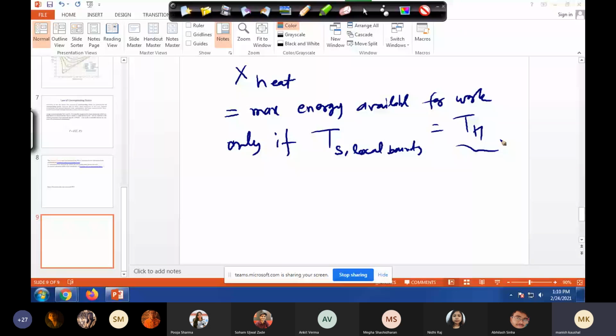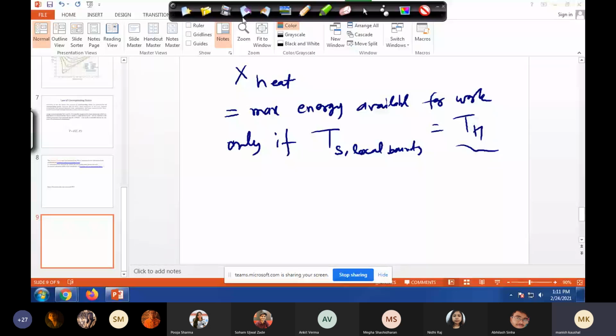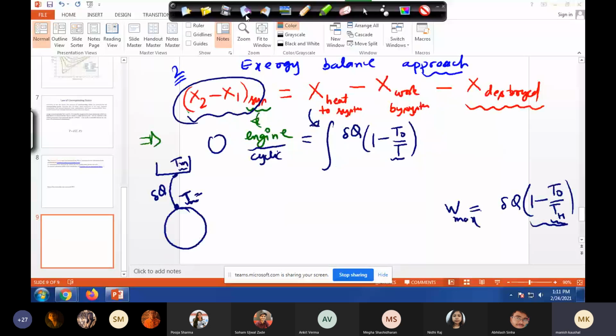There is no other way. Then only you will say exergy. Otherwise, you cannot say exergy by heat. Exergy is maximum. So with this explanation, in order to calculate exergy, whether it's there or not is a different thing. But if you are doing exergy balance, then that much exergy will go to the heat engine. So T is nothing but the metal temperature.